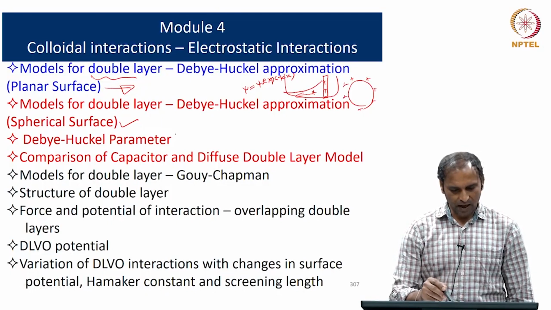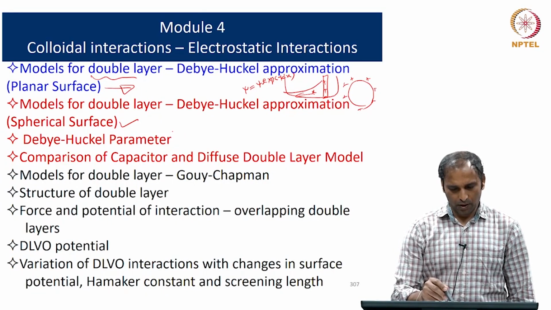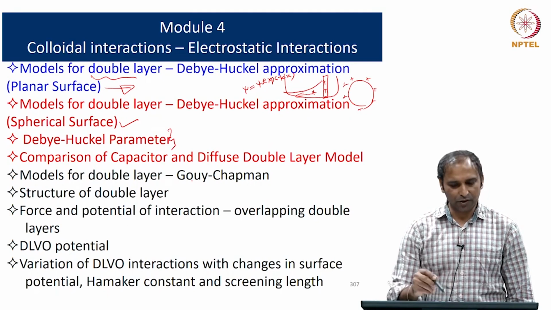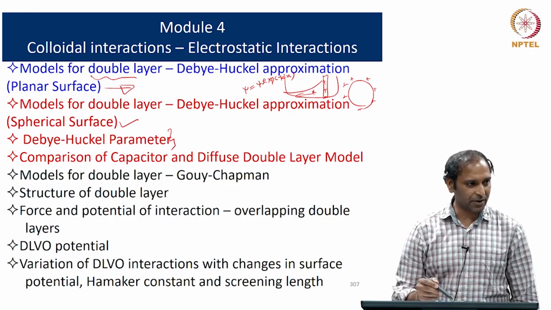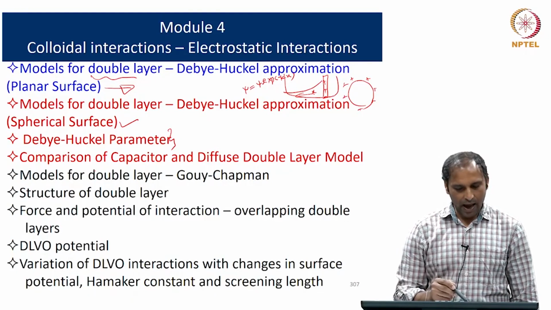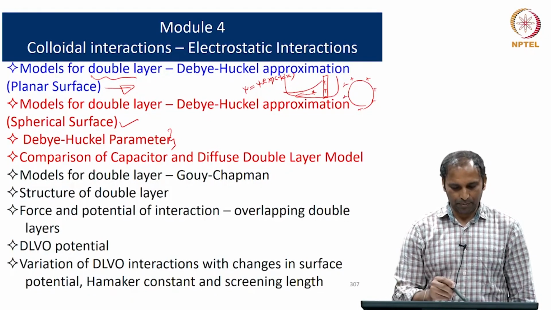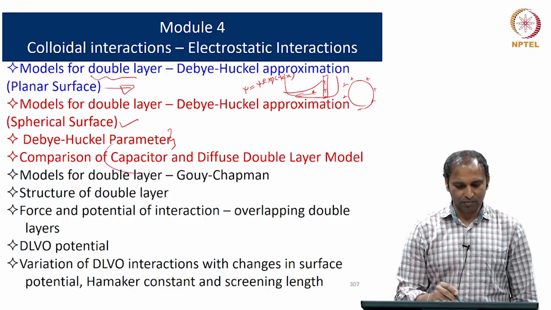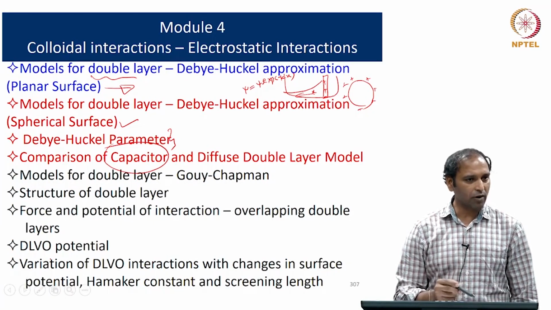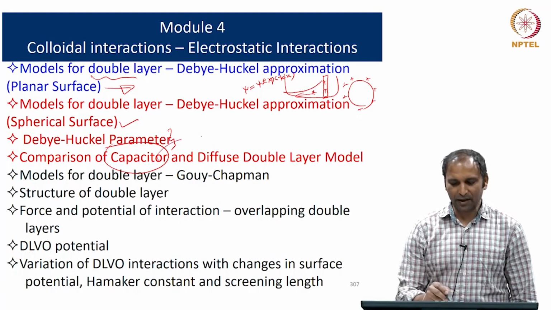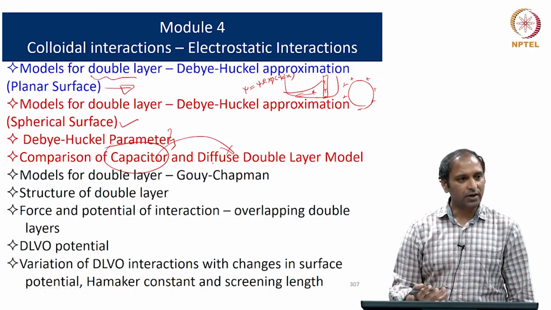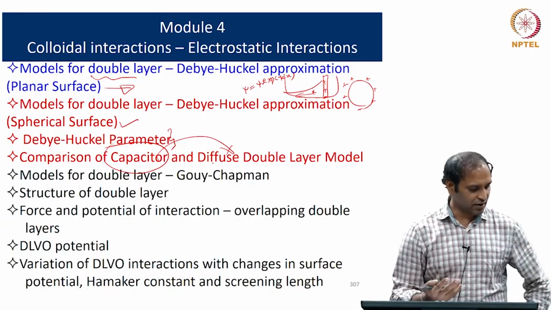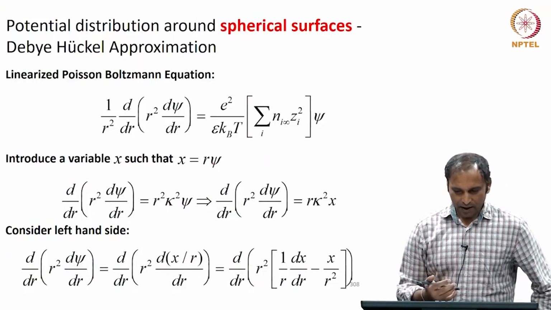Then we will talk about a parameter that comes out of all the analysis, what is called the Debye-Huckel parameter. Finally, we will compare the capacitor model, which is one of the simplest models people have developed, with the diffuse double layer model, and by that comparison you can draw some nice inferences.